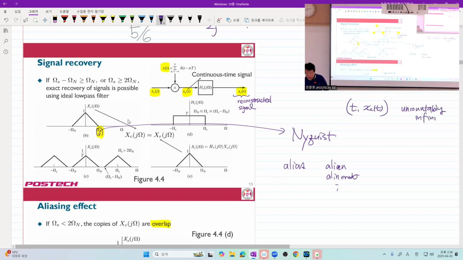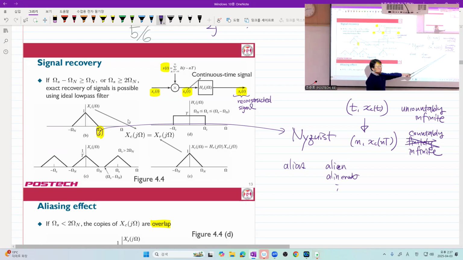But somehow we want to just take countably infinite number of pairs, and we want there to exist a way to reconstruct that signal from these pairs. And it seems it's impossible. However, under certain conditions, it's possible. And this is the condition.